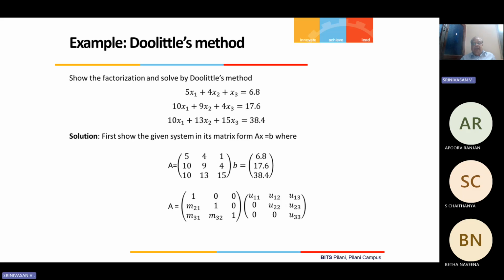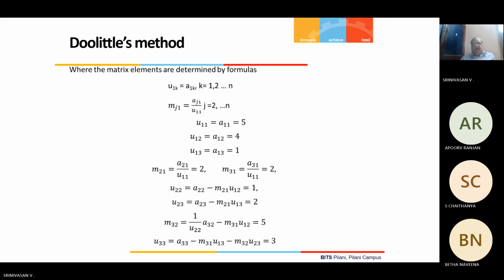are A11, A12, A13. But remember, there is a slight change in your formula. You can see in the denominator that you have for Doolittle's method, we had the same in Kraut's also. But you have to make a clear-cut distinction.